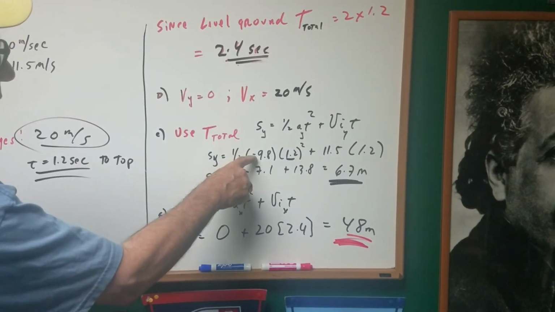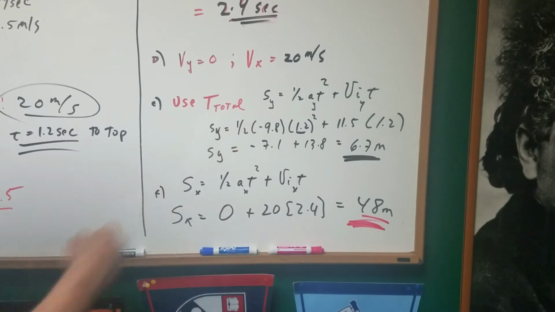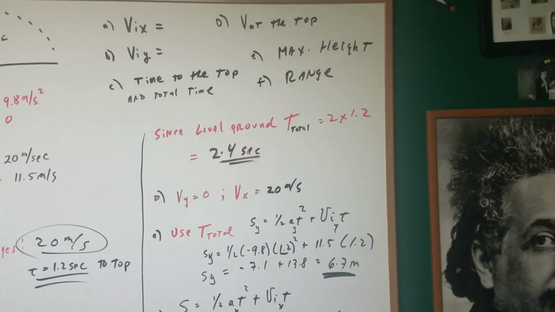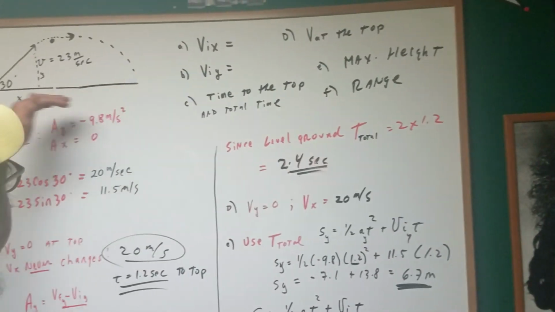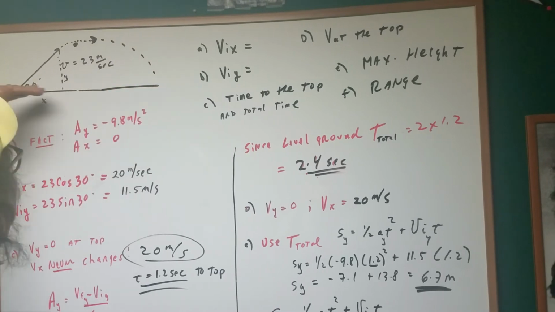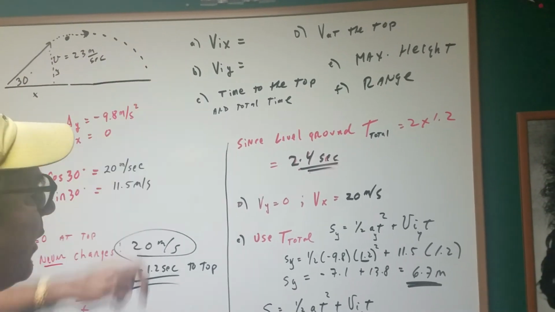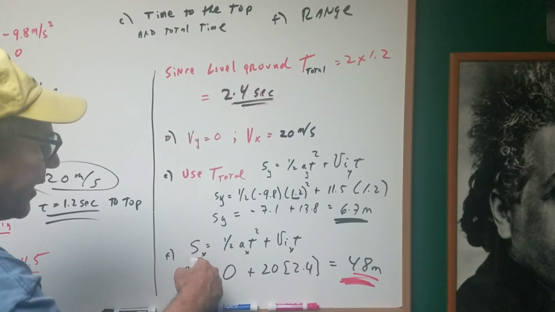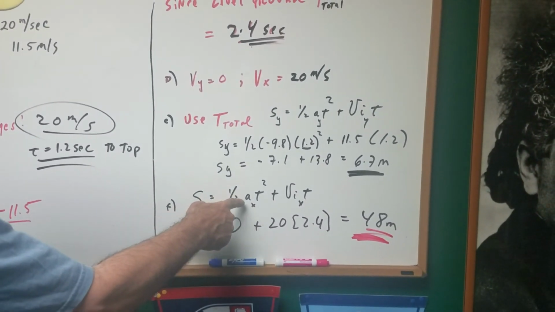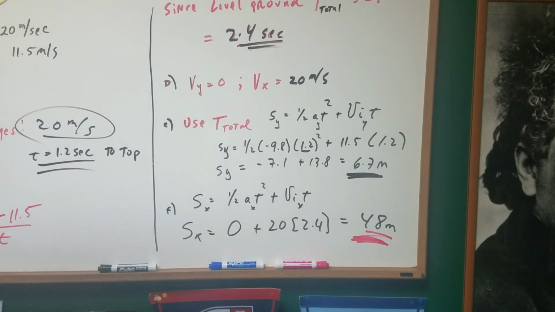So you can see if you forgot that negative sign, you would add a positive here and it would have been curtains. What would be the range? Well, what exactly is the range? The range represents the displacement along the x-axis. Is how far you are from this point to this point. So to get the range, we're going to get Sx. So S of x is 1/2 ax t squared plus vixt.